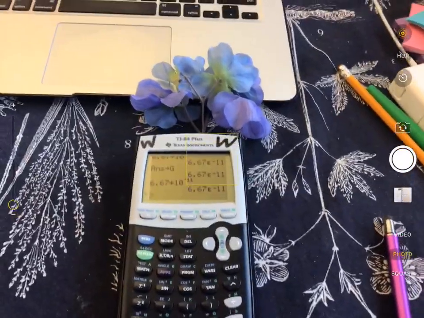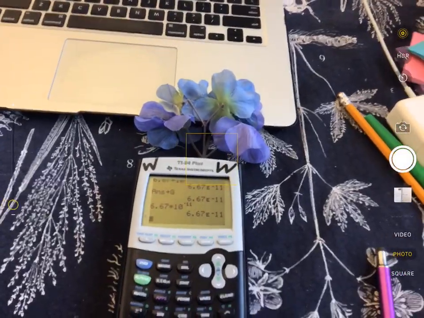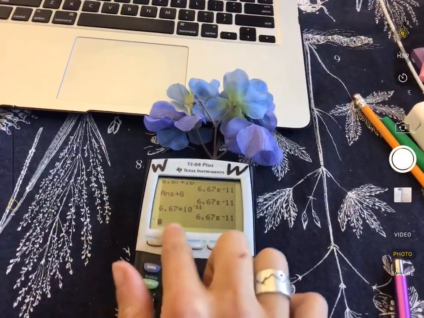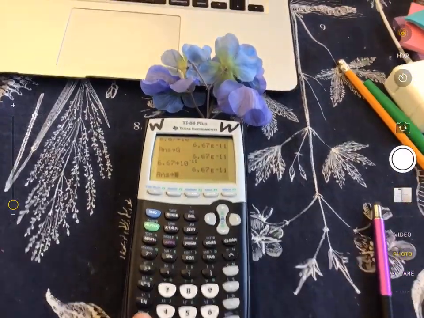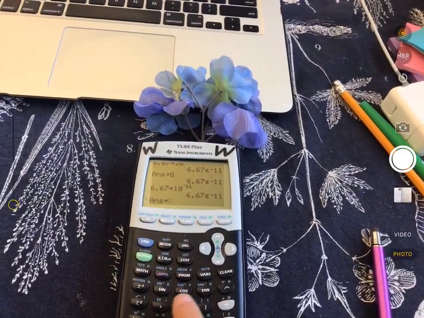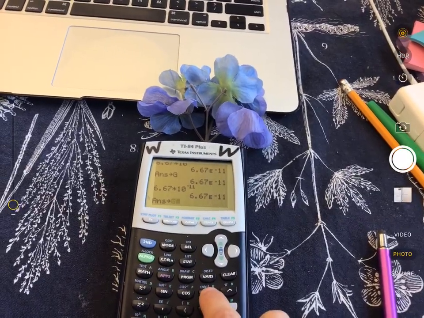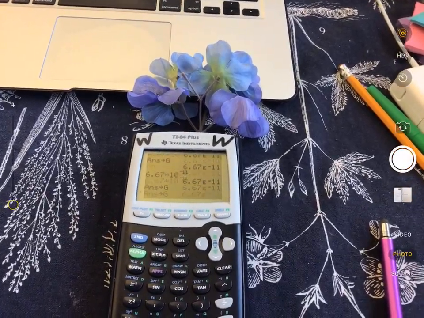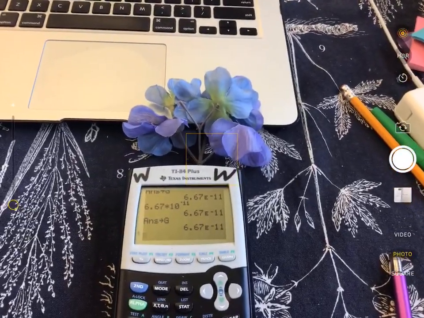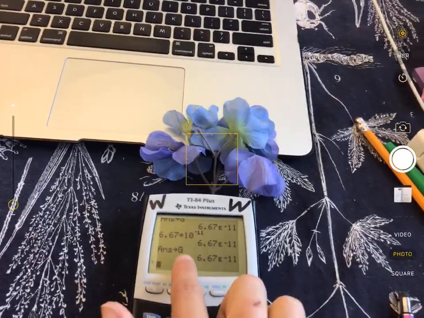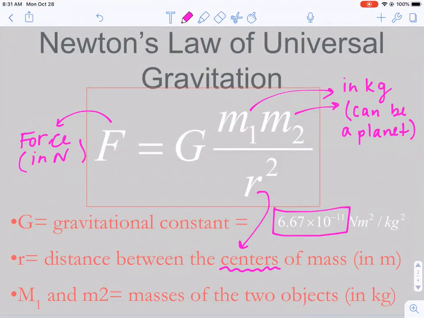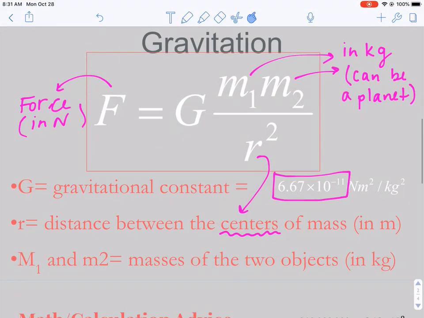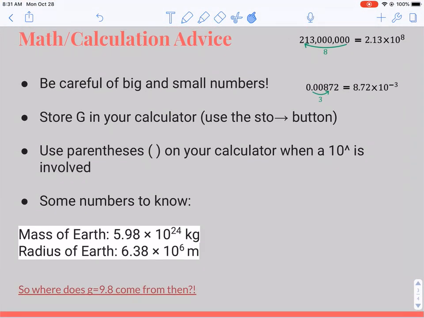I just press enter to make sure it worked right. Then answer will automatically pop up if you hit this button down here, store, and then you go alpha G, which is the tangent button. Now G is always saved, so we can type that letter into our formula when we need to use it.